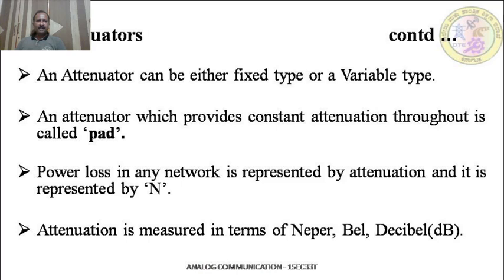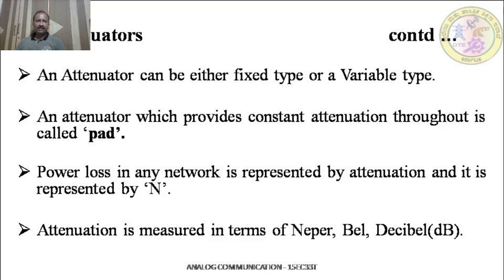The power loss in any network is represented by attenuation, and it is represented by capital N. That means in your attenuator circuit, the output power is going to be less than the input power, so it decreases the power. Normally we represent attenuation in terms of power loss.